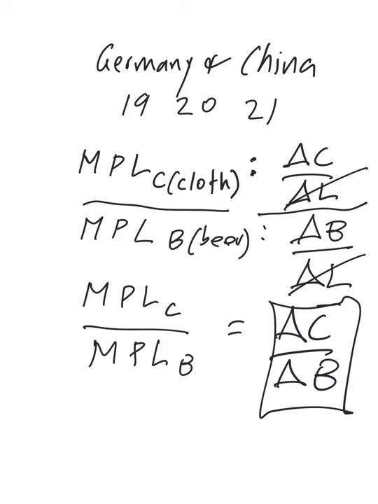It's telling you the rate at which one good, like beer, gets converted into the other good, cloth. And that's the essence of a production possibility frontier.